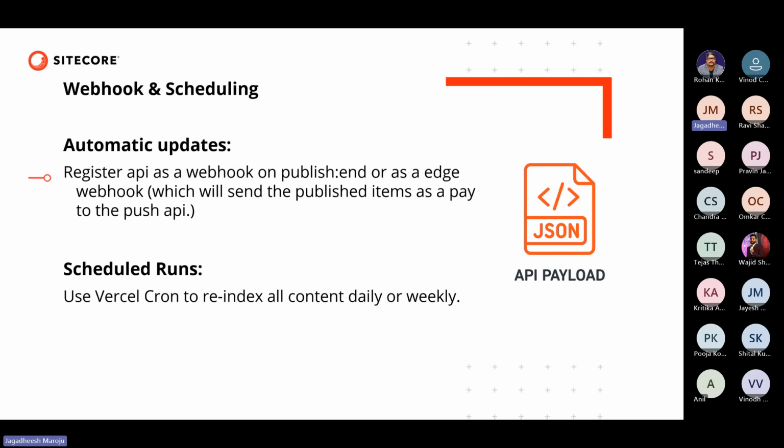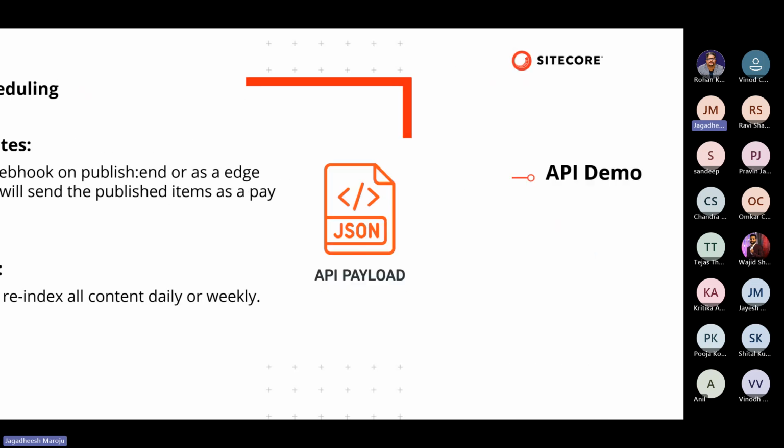So you can hook up any event to call this API, and that will start working as a webhook, and then it triggers your Coveo push source API and pushes this content. And same with scheduled runs. Use Vercel cron to reindex all the content daily or weekly.